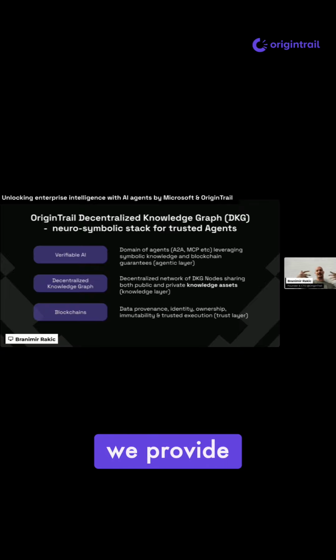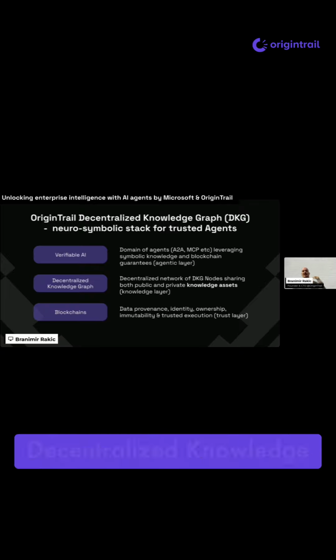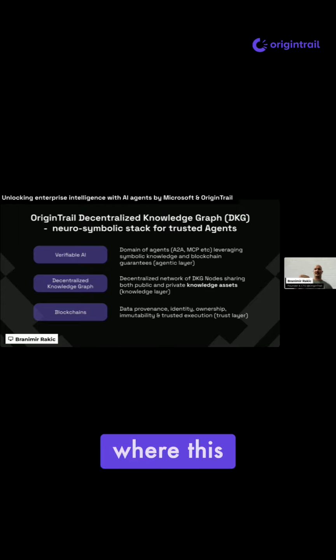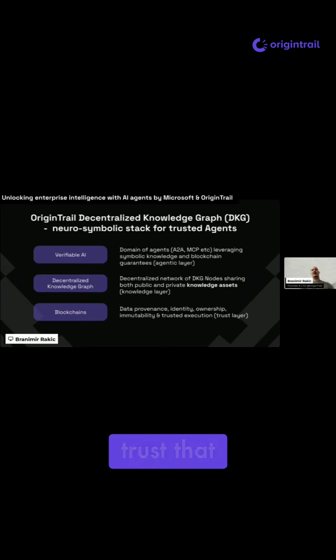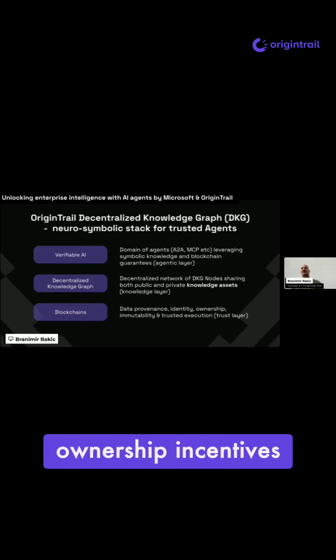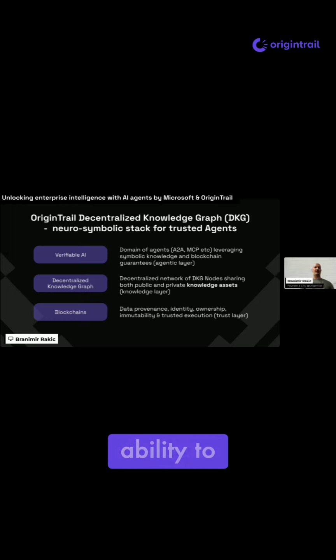And what we provide is the two bottom layers, if you will, the decentralized knowledge graph, where the symbolic models are created through knowledge assets and reasoning abilities of knowledge graphs, underpinned by trust that comes from blockchains, which here are not used to store information. Rather, it's used for identity, such as the URLs I mentioned, ownership, incentives, immutability, and really ability to capture provenance in a trusted way.